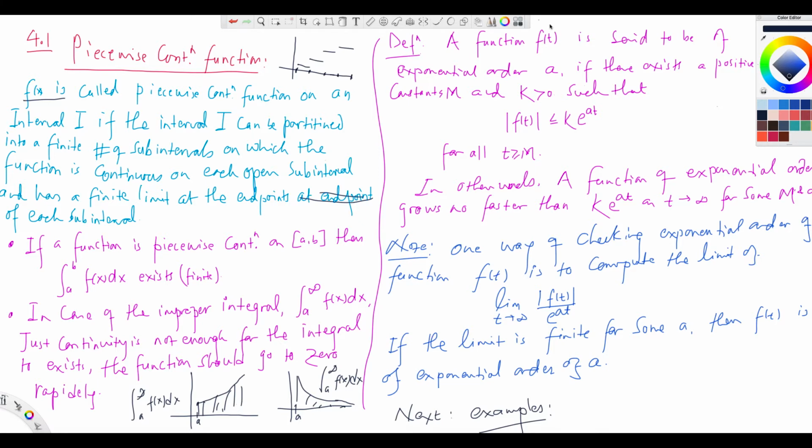Okay, so let us write the definition here.